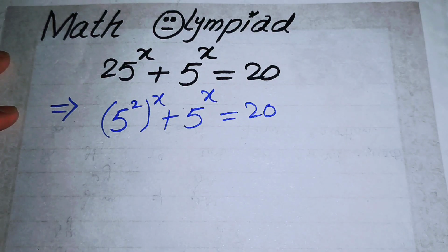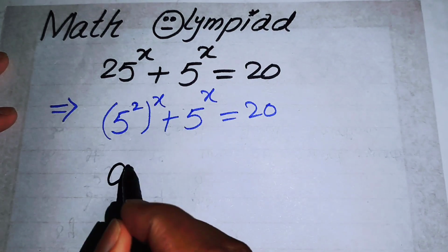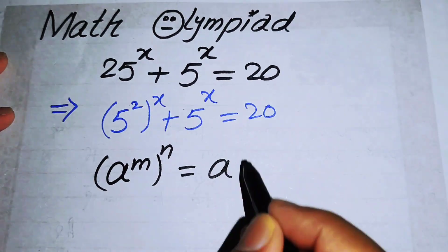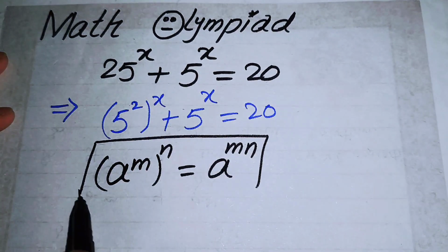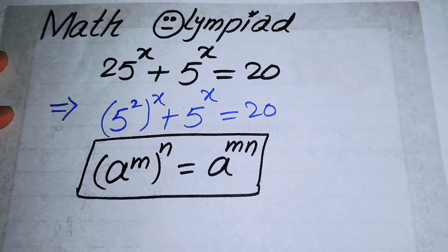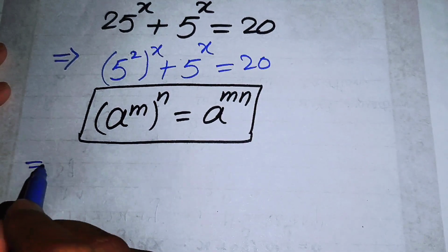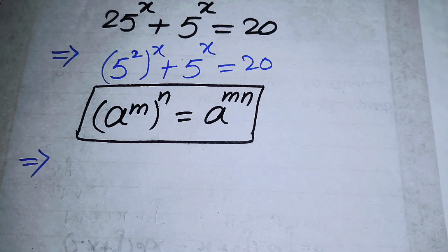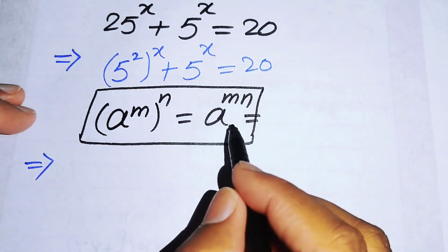And after that I can apply the exponential law, and you know that (a to the power of m) to the power of n is equal to a to the power of m times n.